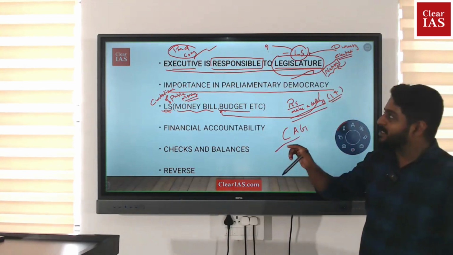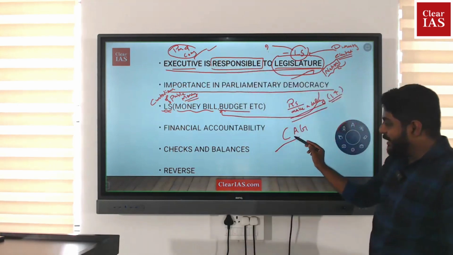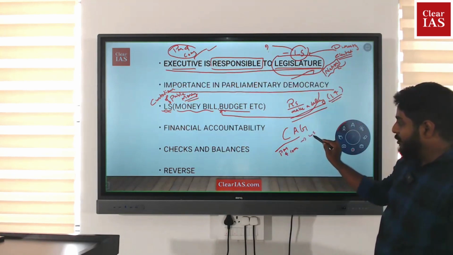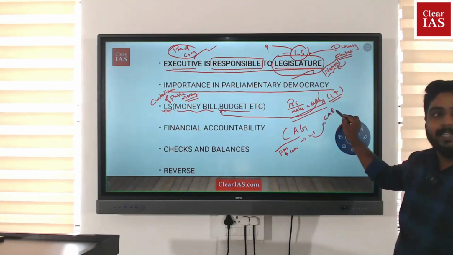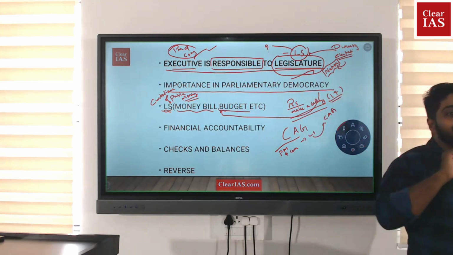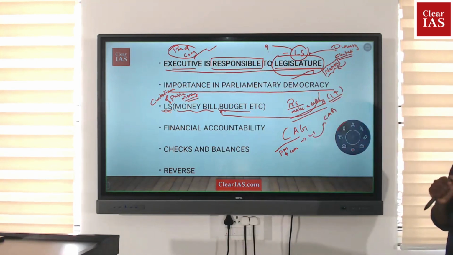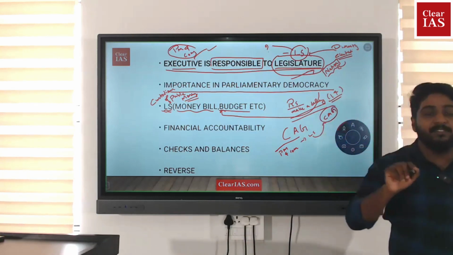So you know that the executive is responsible to the legislature. In other words, the Prime Minister and the Council of Ministers are responsible to Lok Sabha. Now, sir, Lok Sabha is responsible to the Comptroller and Auditor General of India. Lok Sabha will have to answer for the report made by the Comptroller and Auditor General of India.